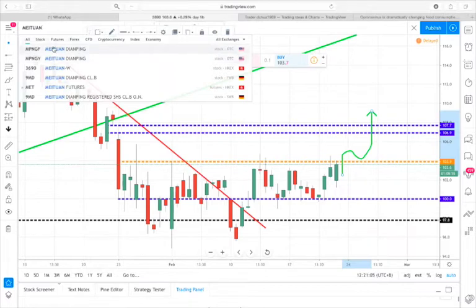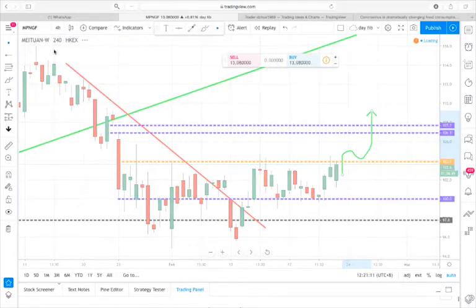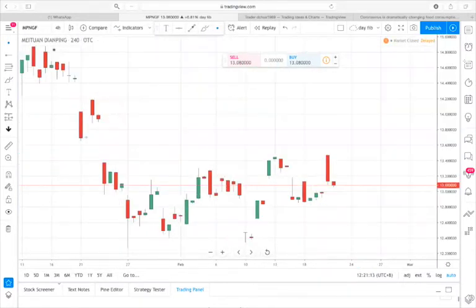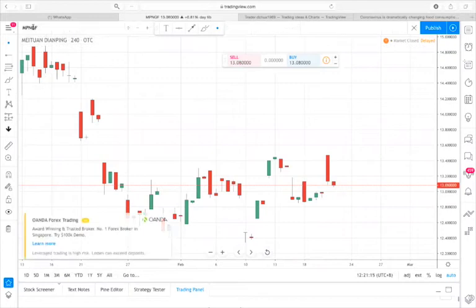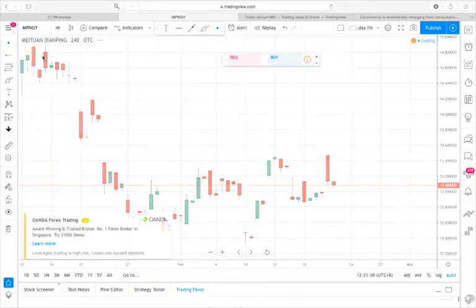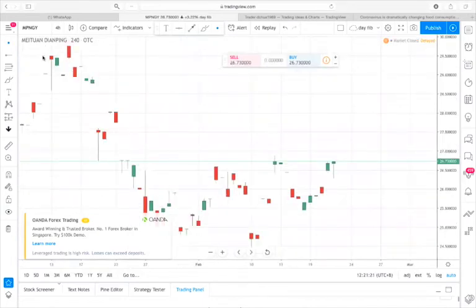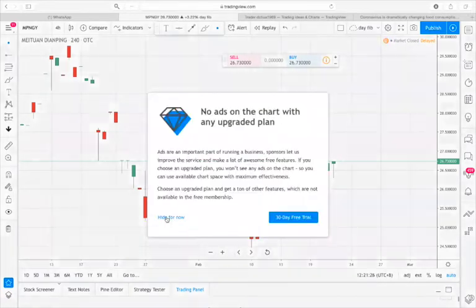I have no idea what the difference is between the two, one with MPNGY and one with MMPGY. Let's take a quick look. Yep, it looks the same, 13.08, 26.7. So you might want to go and find out what the difference is, but basically this is a good opportunity.